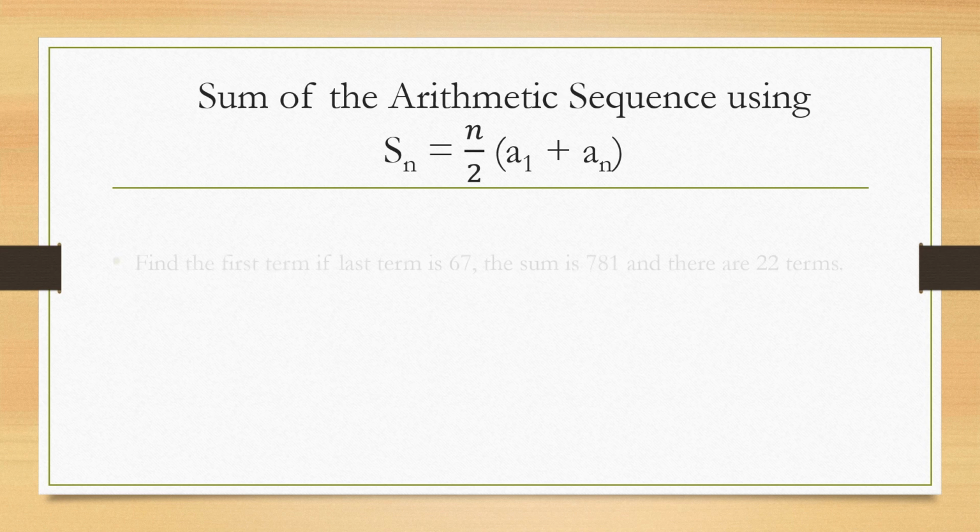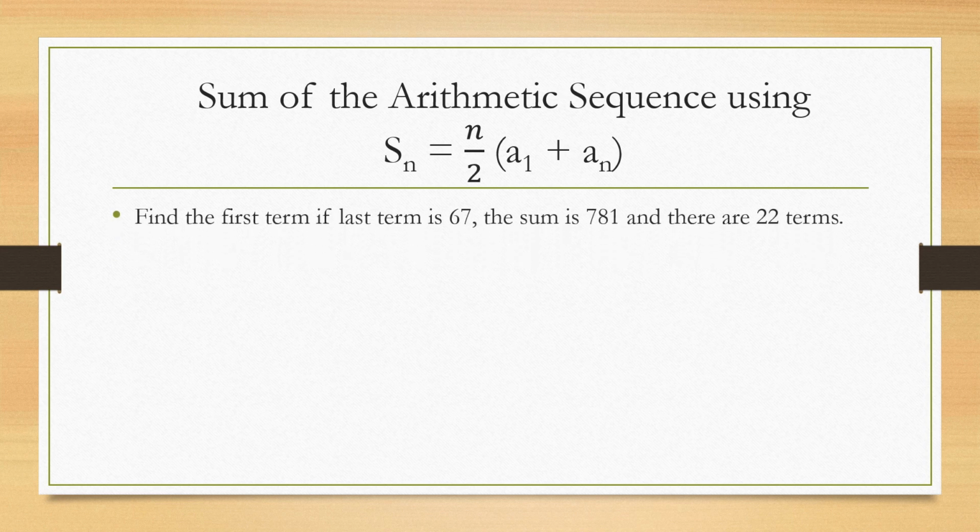Okay, so our next example, this time we are going to find the first term. Given that the last term is 67, the sum is 781, and there are 22 terms. From the information, we have the sum which is 781. There are 22 terms, that is our n.